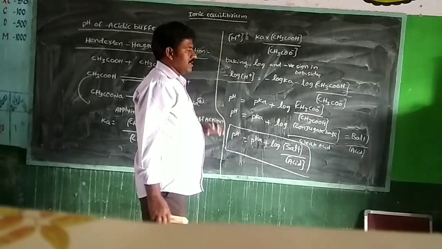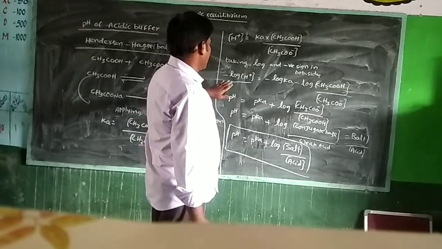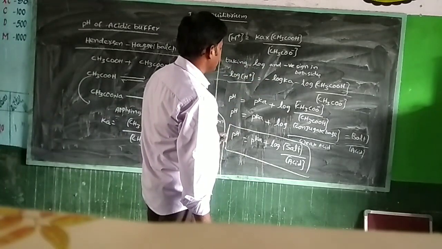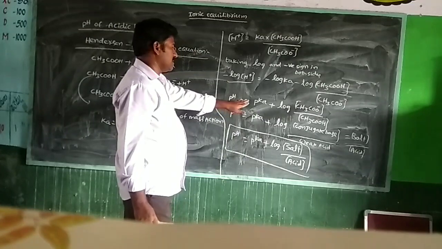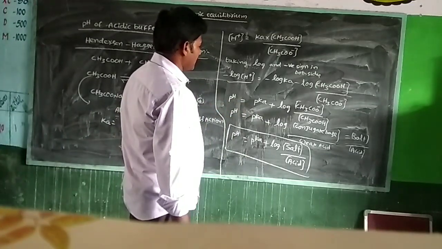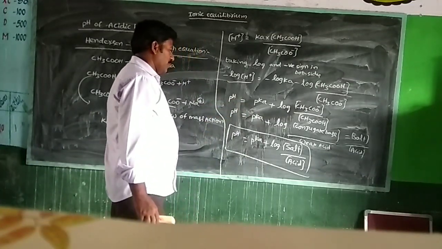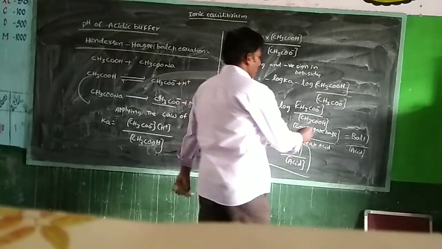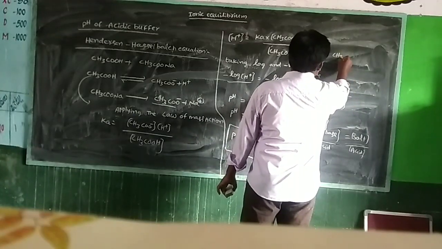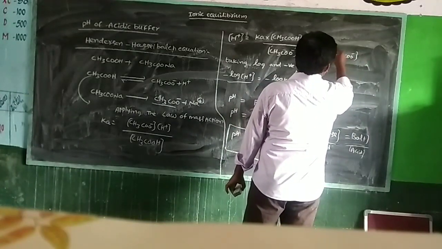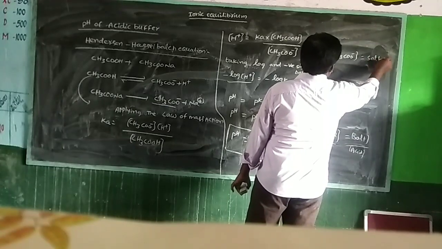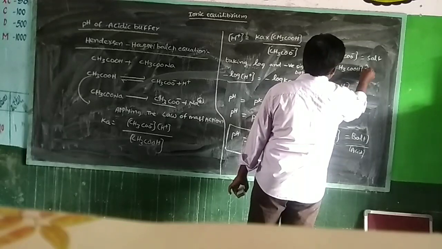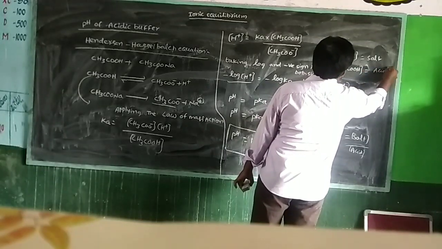Taking logarithms and negative sign on both sides, minus log H plus is equal to minus log Ka minus log CH3COOH by CH3COO minus, so pH is equal to pKa plus log CH3COO minus upon CH3COOH. CH3COO minus is the conjugate base, which is the salt concentration, and the weak acid is almost equal to the acid concentration.